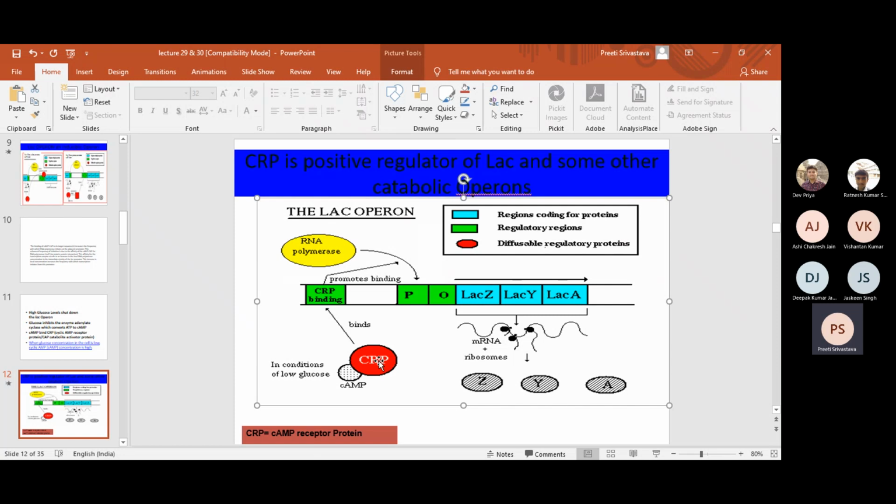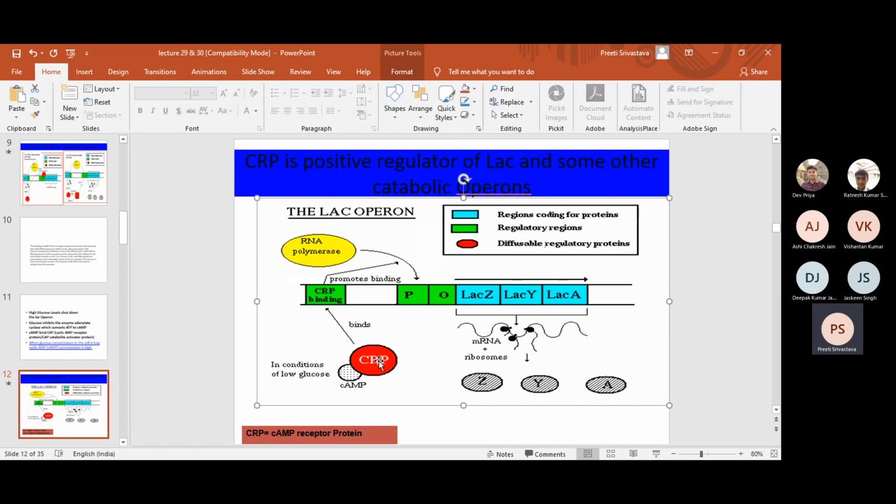CRP can bind to cyclic AMP, which is shown over here, but this happens only in conditions of low glucose, right? That means when glucose is not there or is in very small amounts. And I told you the reason, right? Because high glucose inhibits the enzyme adenylate cyclase, which converts ATP to cyclic AMP.